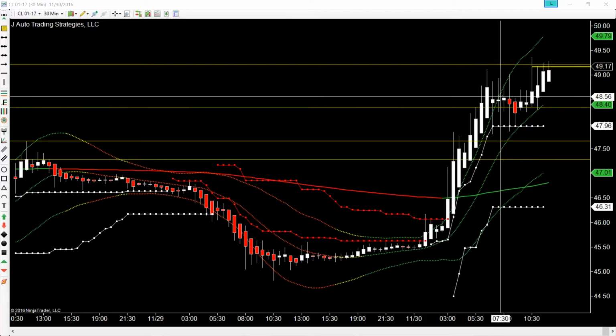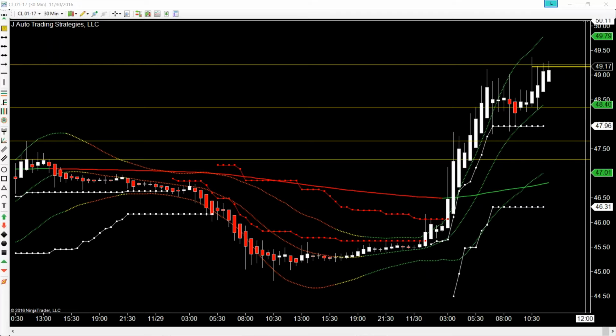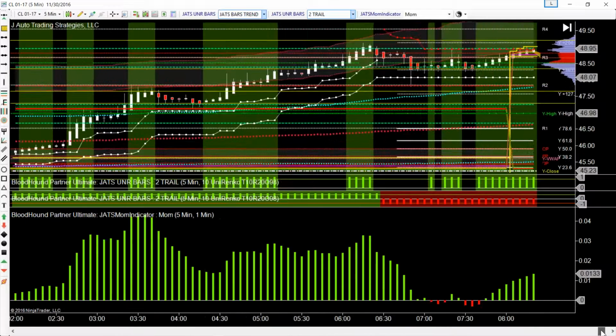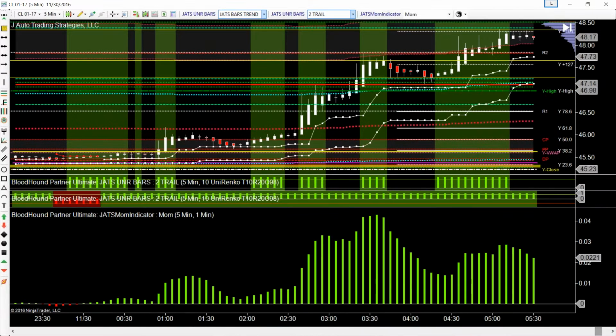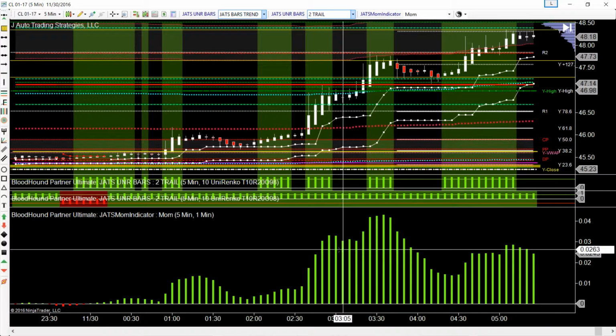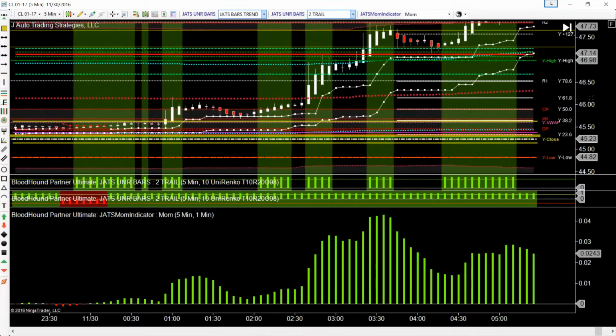I did get caught up in some of this myself, and I'll show you what that looks like on the smaller chart. Here's the 5-minute, and here's what I'm talking about. When you get a trend condition and you have your momentum nice and big, your trend is matching your volatility level.